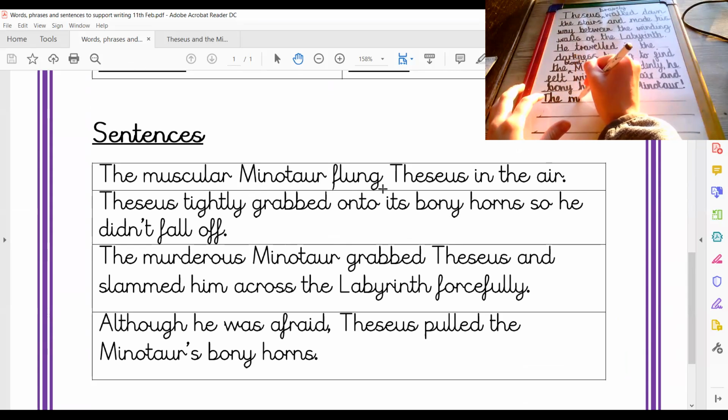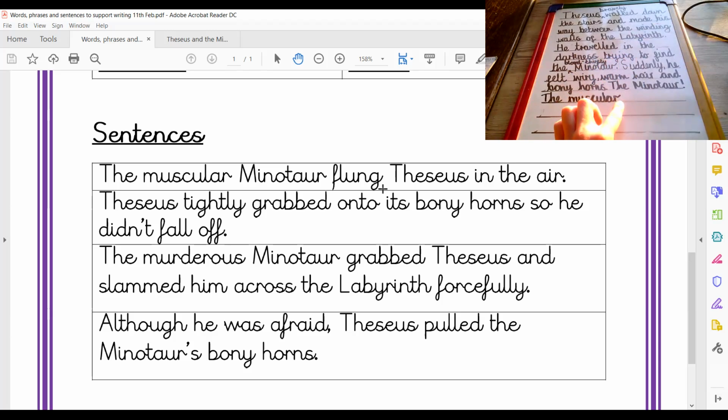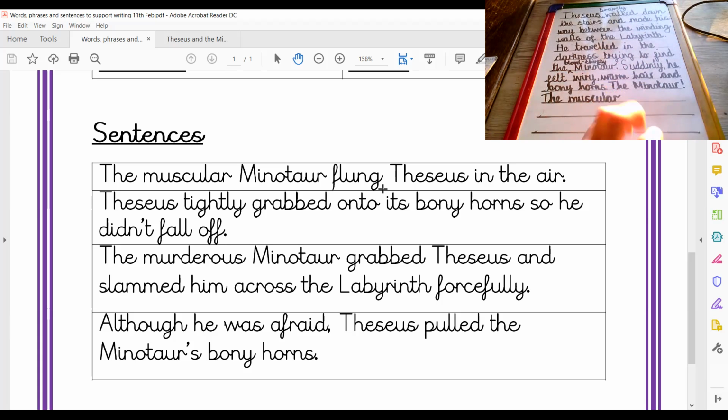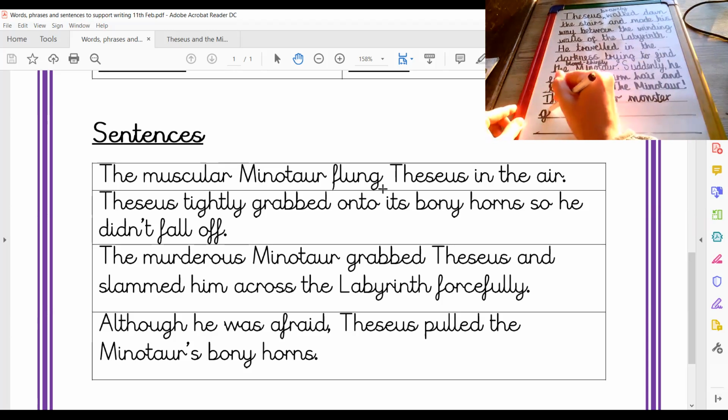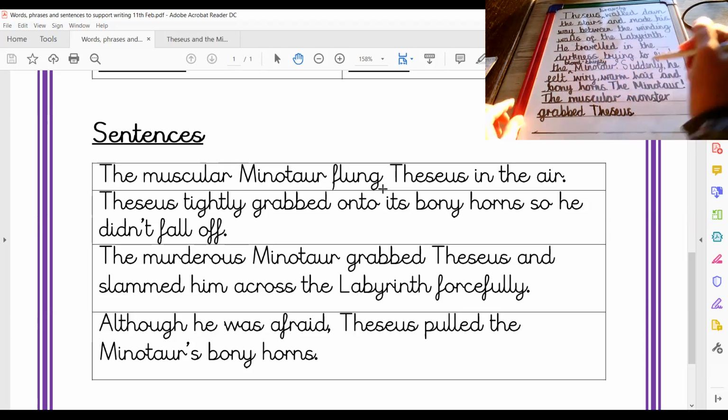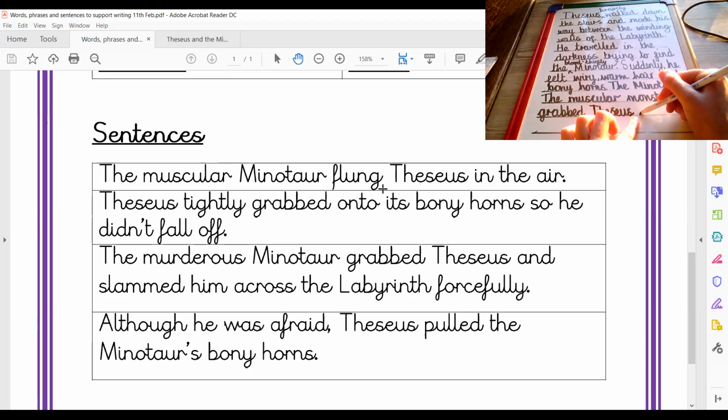The muscular. Now I'm not going to use Minotaur because I've noticed I've used that noun twice already. Okay, I want to use a different noun for the Minotaur. I'm going to say the muscular monster grabbed Theseus tightly. I'm going to add in an adverb there to make it even better.